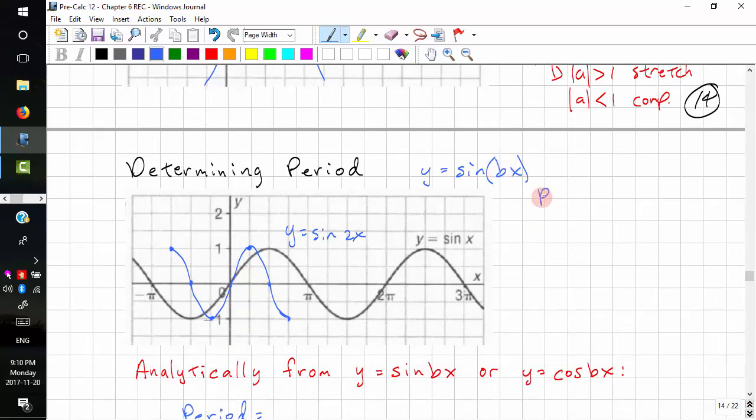So the period equals pi over 2. We can look at the cycle here from here to here. This is pi over 2, and this is negative pi over 2. And we get the period here as pi.